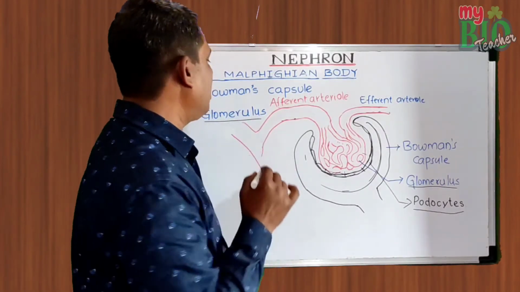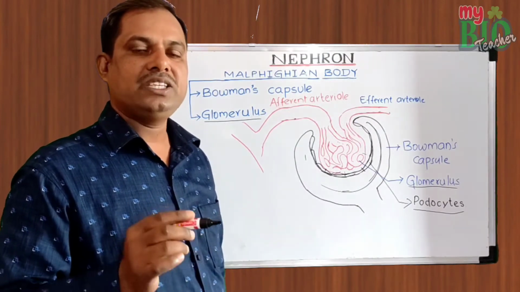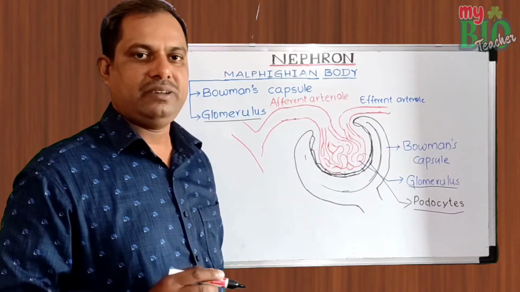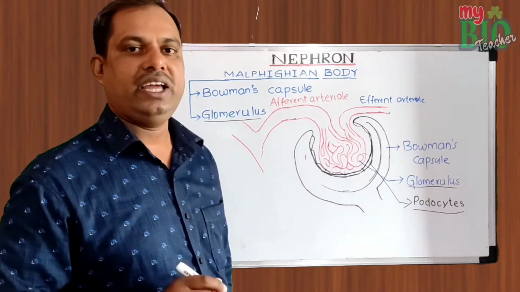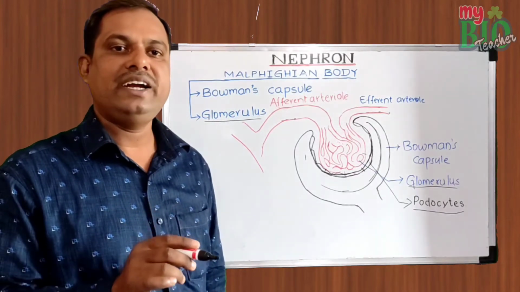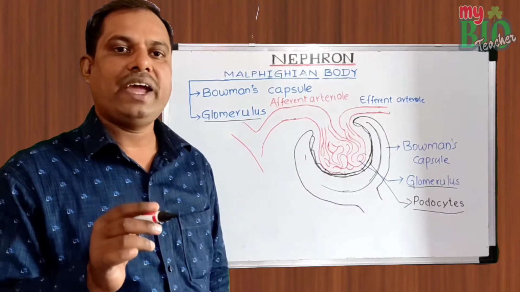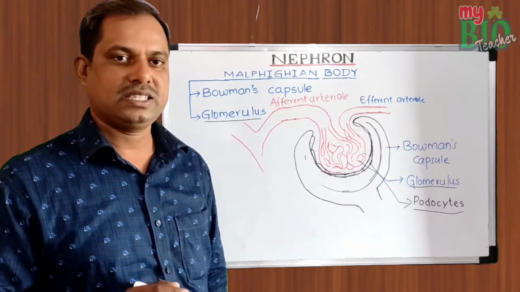If you observe the glomerulus, each kidney receives a renal artery. After entering each kidney, the renal artery divides and redivides to form fine blood capillaries.